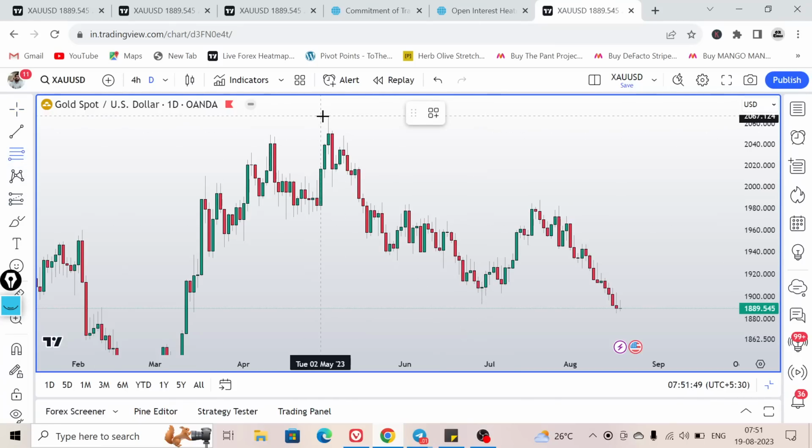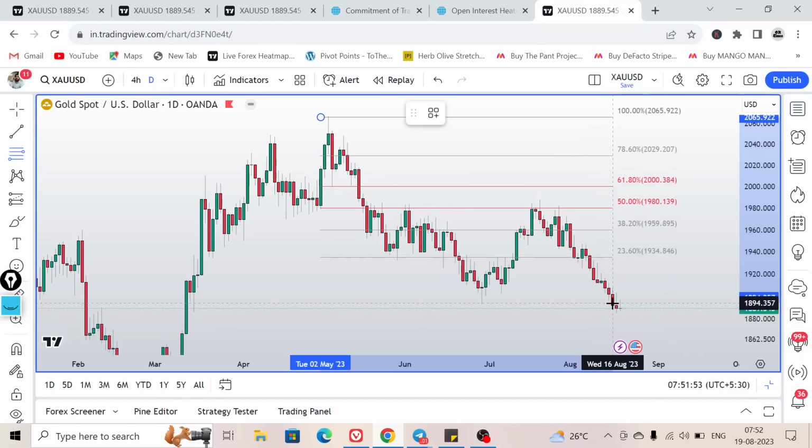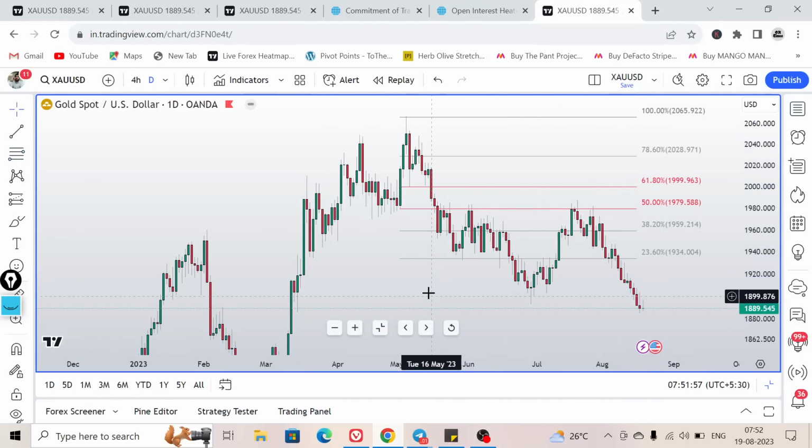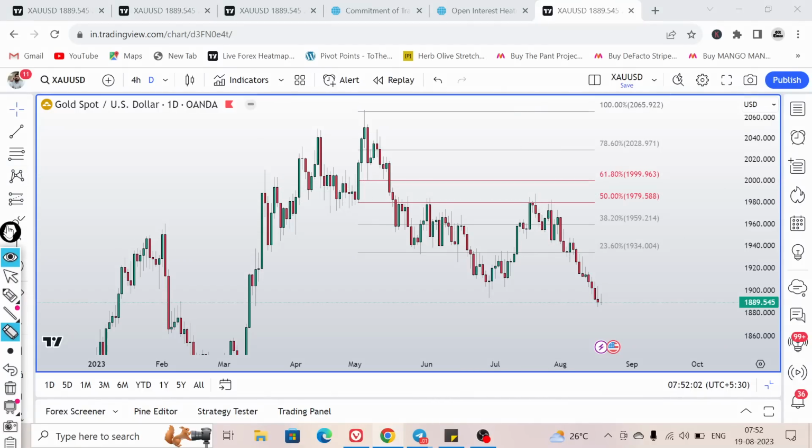So if we apply Fibonacci from here to here like this, this was the golden ratio zone, this one, and gold failed to break above this zone. As you can see, no candle was able to cross the 50%, and every time gold tested this level, the gold price rejected and we have seen a big decline.